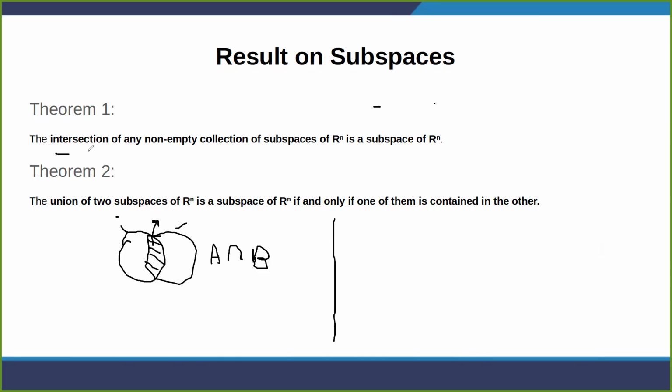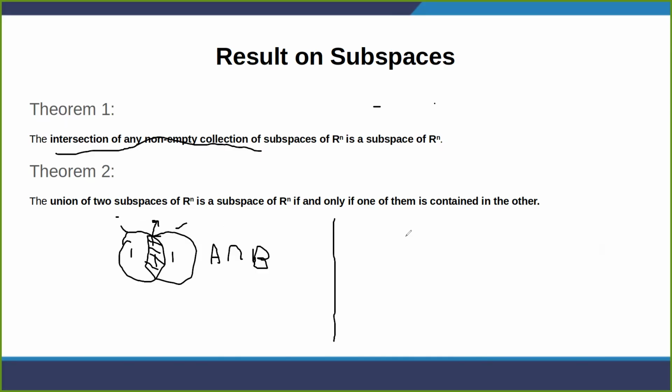So that's what this is saying. The intersection of any non-empty collection, because this is not empty, there is something, right, of subspaces of Rn, with dimension n, is a subspace of Rn. So if there are real numbers here, and if there are real numbers here, there should also be a real number here. That is what it's saying.